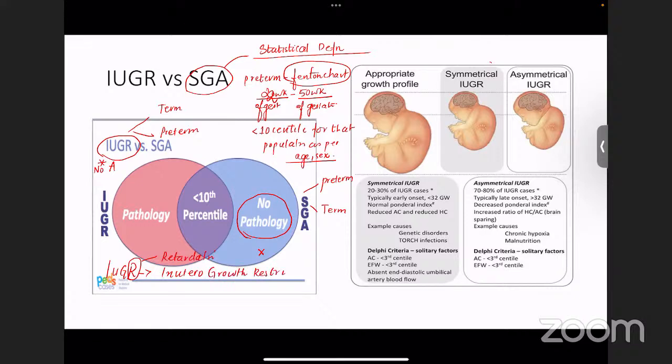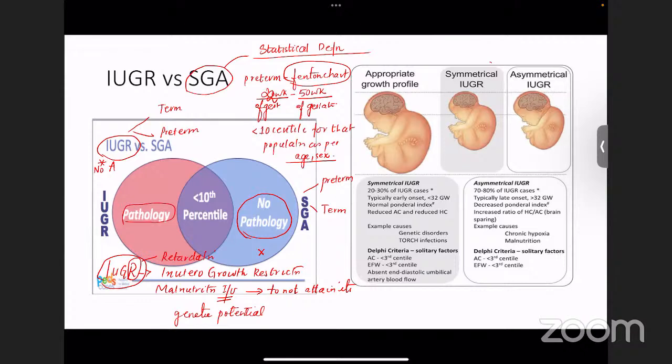It's a kind of malnutrition in utero, which in turn caused the baby to not attain its genetic potential. As a result, the child is not only small for age, but also has some kind of pathology.